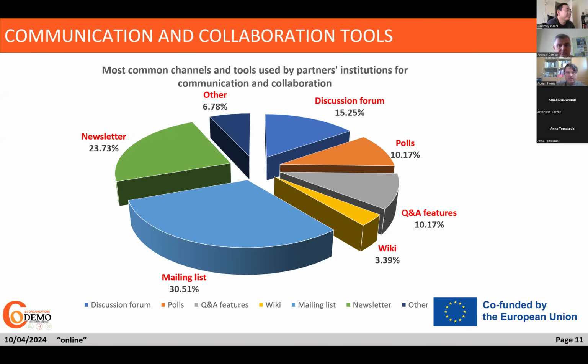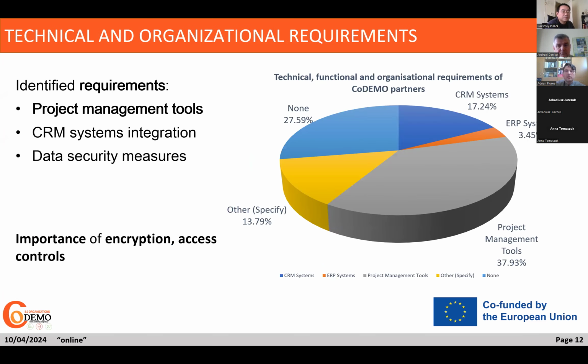Regarding the channel of discussion and notification between partner institutions, we see the mailing list, of course, for the most part, but also newsletters or discussion forums or polls. This is also related to what Raxme showed us, that social media is a strength in our dissemination, discussion and promoting things.